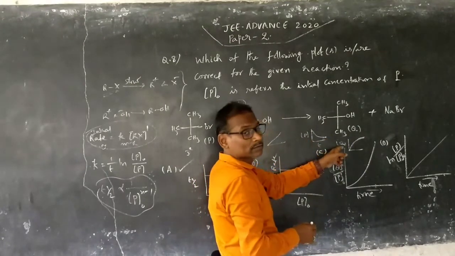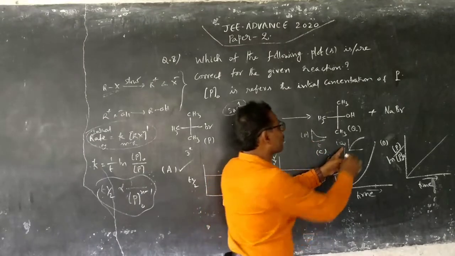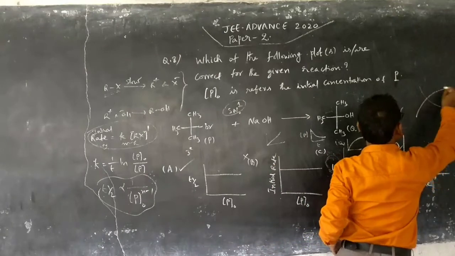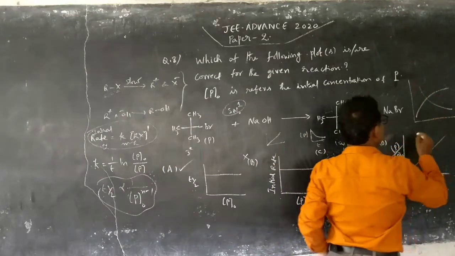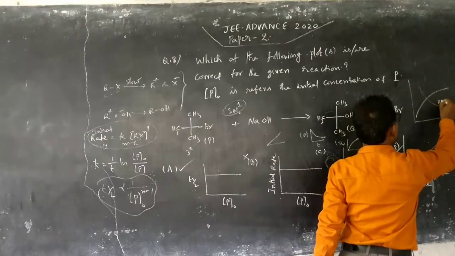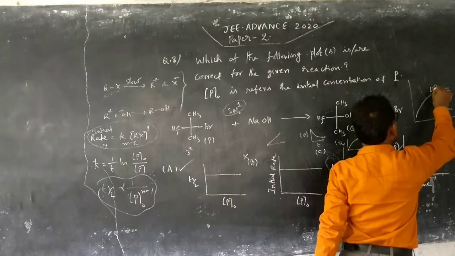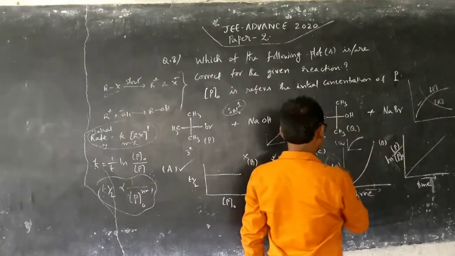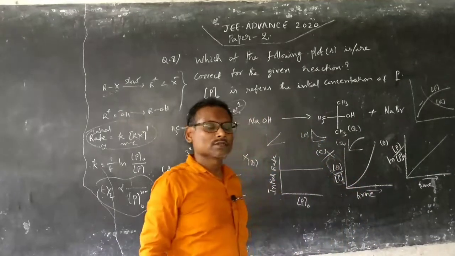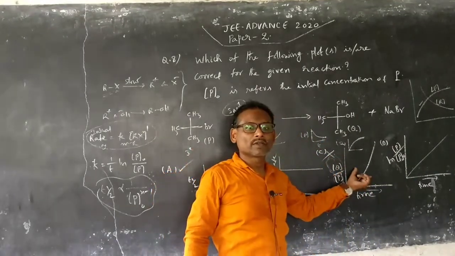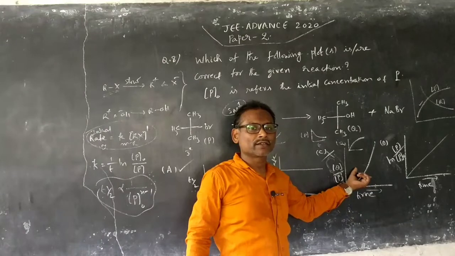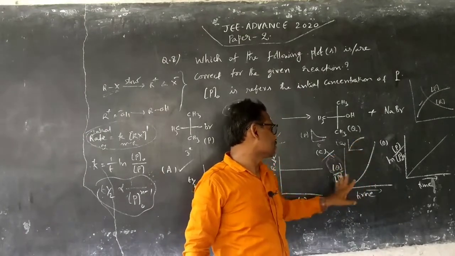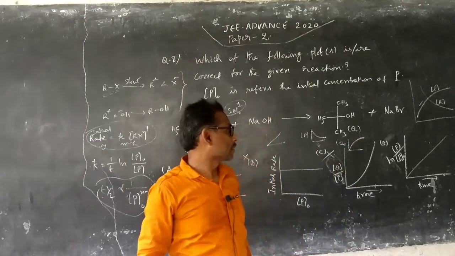If you think about formation of product with respect to time, it will be like this. This is the decreased concentration of reactant, and this is the increased concentration of product. But instead of giving it this way, they are giving it like this. So this is also wrong. From experimental graphs, if you note it, it is going to be like this, not like this. That's why this is also wrong.